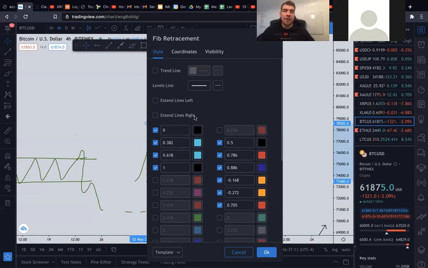Make sure that your Fibonacci settings have 0, 0.382, 0.618. Okay, that's really, really important. And then 1. 1 is technically 100%. And then you also want to have 0.5 checked off. That's the three main levels for trading cryptocurrency: 38, 50%, and the 61.8%.